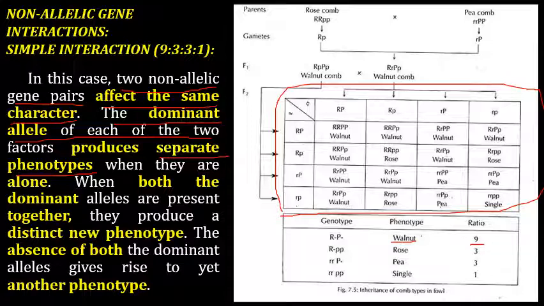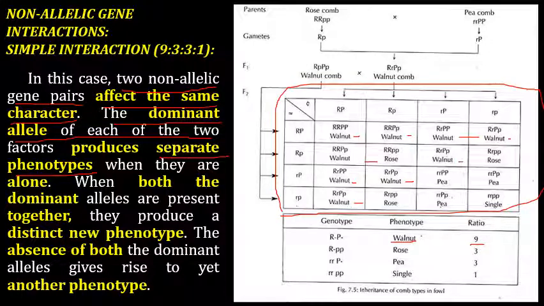In this Punnett square we see the walnut combs produced: 1, 2, 3, 4, 5, 6, 7, 8 and 9.